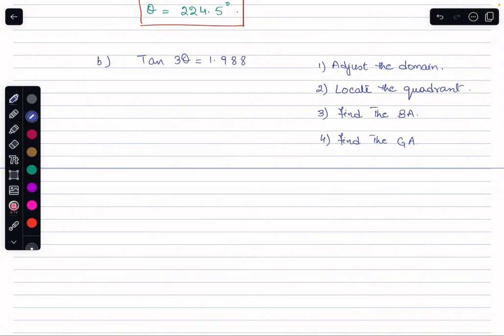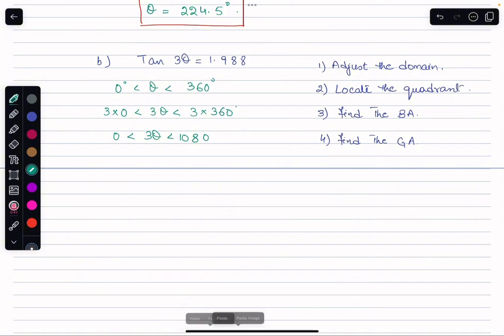The respected domain is from 0 less than theta, which is less than 360 degrees. And here I have seen that it should be a 3 theta, meaning all the values should get multiplied by 3, so that now my new domain is from 0 less than 3 theta, which is less than 1080 degrees here.